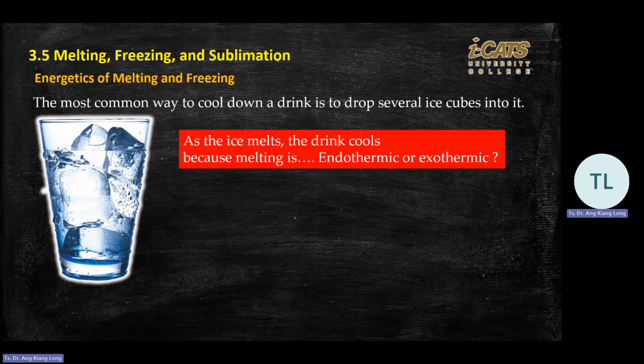Okay, so this is the most common thing that you do in your daily life. We cool a drink by dropping a few ice cube inside there. As the ice melt, the drink cools because the melting is endo or exo. Endo is what? Endo is receive. Exo is give away.